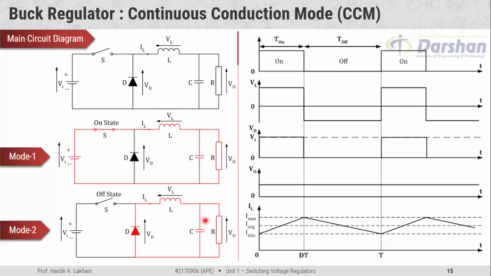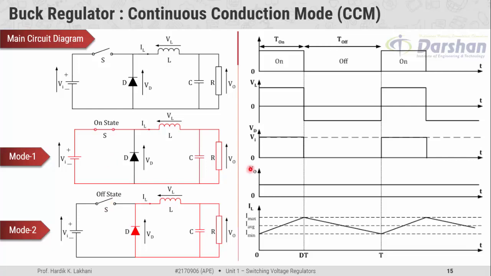So this is the operation of the buck regulator in the continuous conduction mode. Once the energy is delivered by the inductor to the load, the switch will be closed. The cycle gets over and once again the second cycle, mode 1, begins.